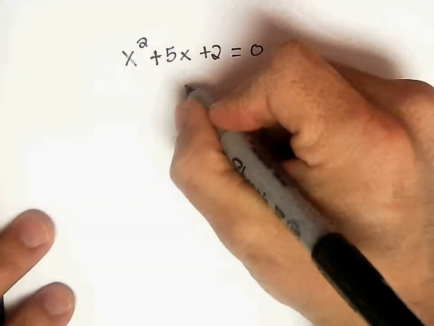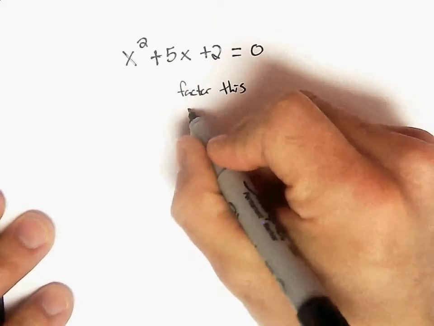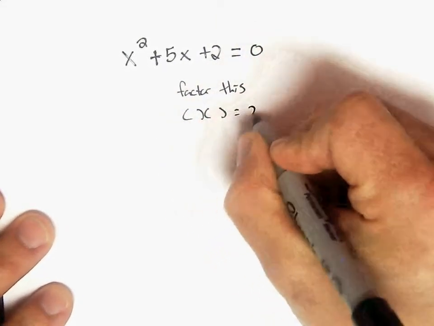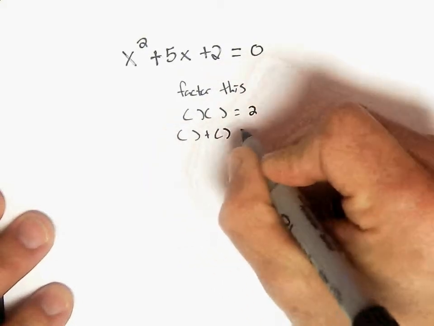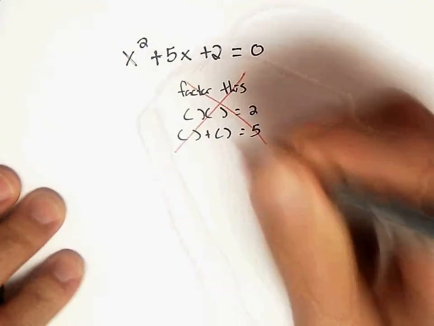So I'm looking for two numbers that multiply to give me 2, but they add to give me 5. And you'll sit there and think about it for a while, you'll probably ask your neighbor, and you'll quickly realize that there are no two numbers that multiply to give you 2 and add to give you 5, no whole numbers. So we cannot factor this.